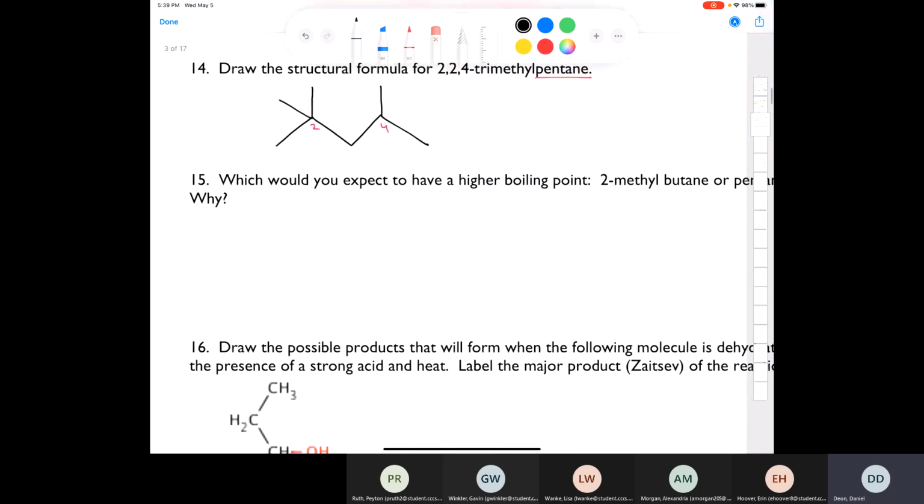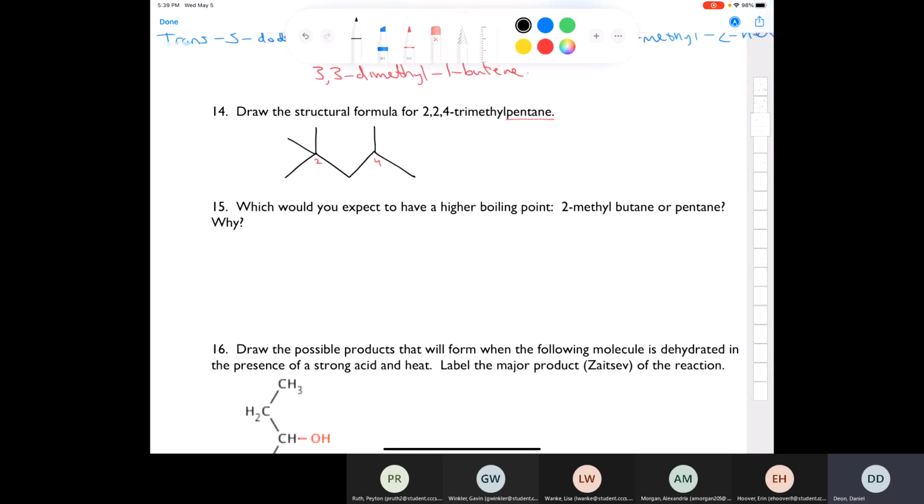All right, next one, it says, which would you expect to have a higher boiling point? 2-methylbutane. So that would be 1, 2, 3, 4. This is 2-methylbutane. Okay, or pentane. 1, 2, 3, 4. Well, if you think about the only kind of intermolecular forces that these molecules will experience would be dispersion forces, right? Because these are hydrocarbons.